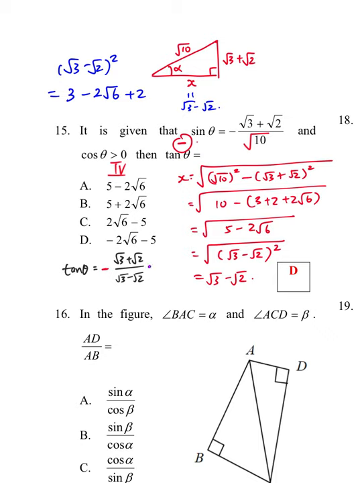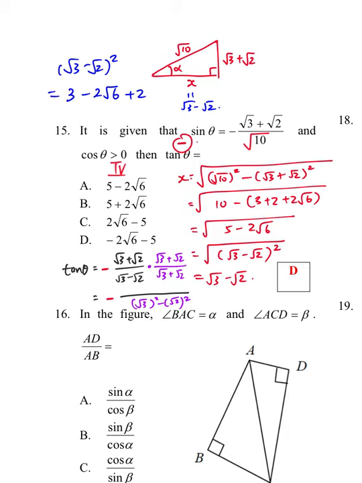But to simplify this, you have to rationalize by multiplying the purple fraction. Now you realize the denominator will be square root of 3 squared minus square root of 2 squared, which gives you basically 1.